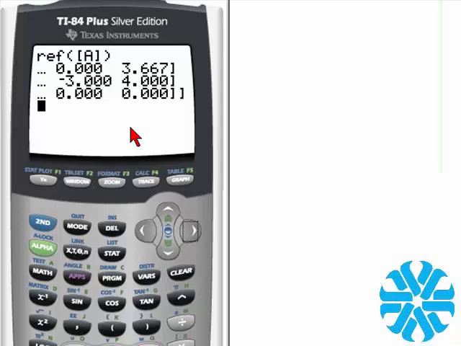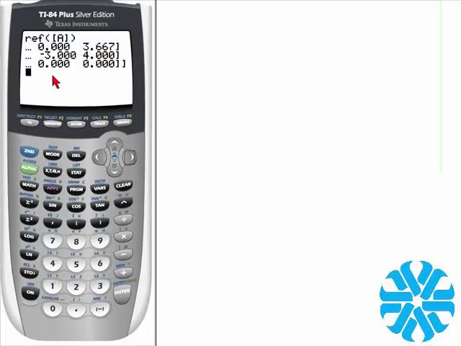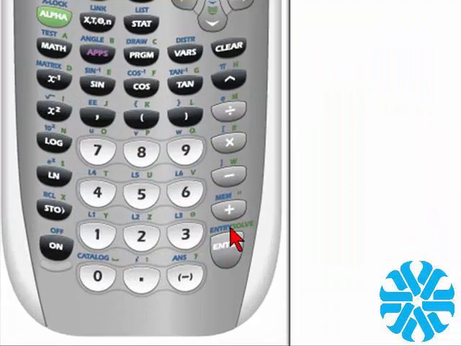Now recall, one of the videos showed us how to convert decimals into fractions, and we can do the same thing with the matrix. So let's go back and recall our last operation, and to do that we go to second function and then hit the entry here.